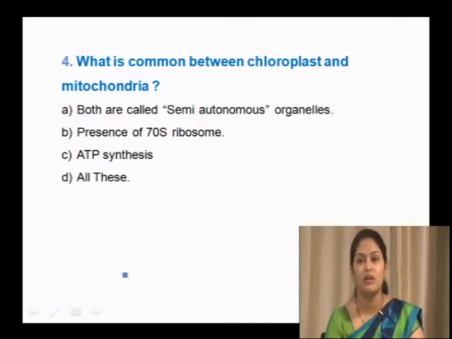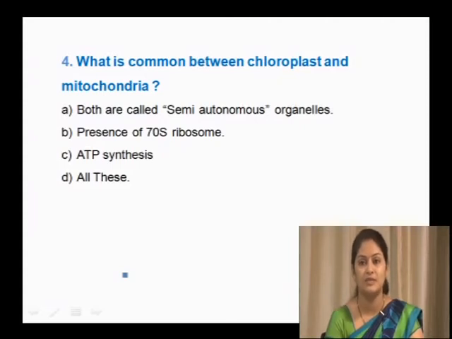We can call them semi-autonomous organelles because in their matrix, or stroma, they have circular double-stranded DNA which is capable of carrying out the division or multiplication of mitochondria and chloroplast without the instruction of the nuclear DNA.